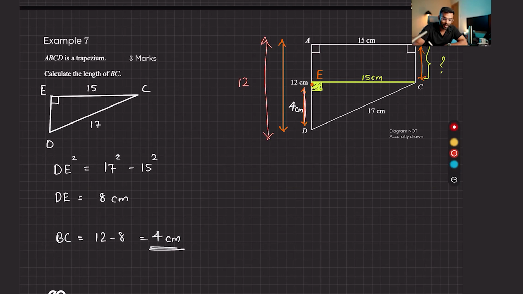I'm so sorry, this is 8 centimeter here, which we worked out, and this is 12 centimeter. Therefore, the little distance must be 12 minus 8, which is 4. Did you get that now?